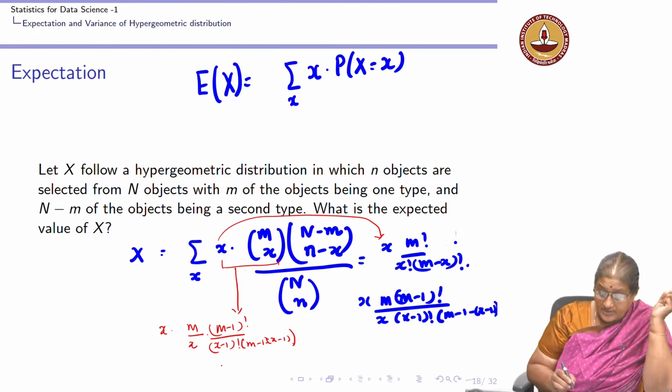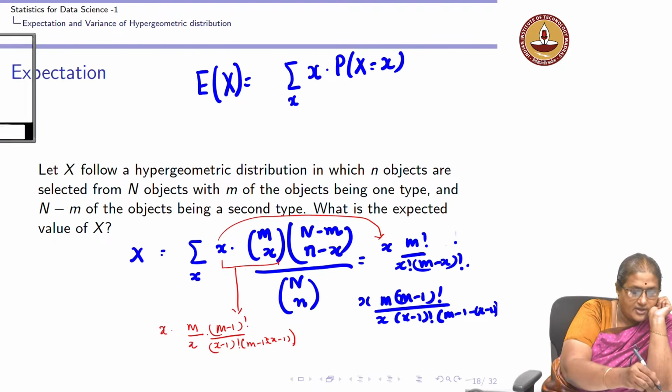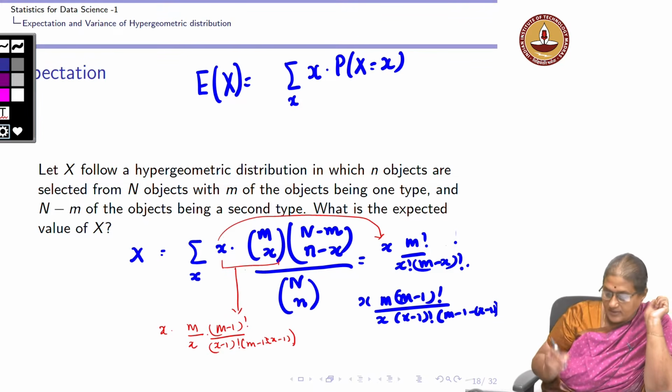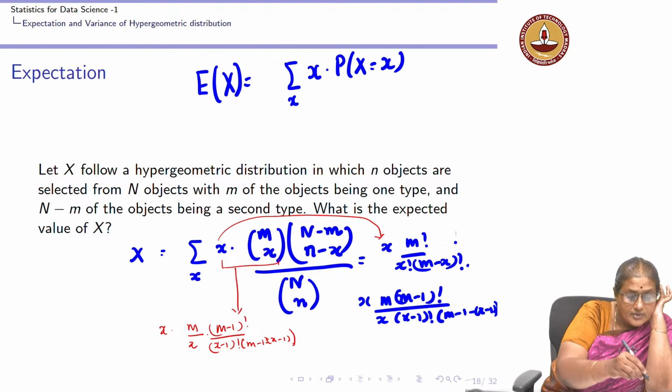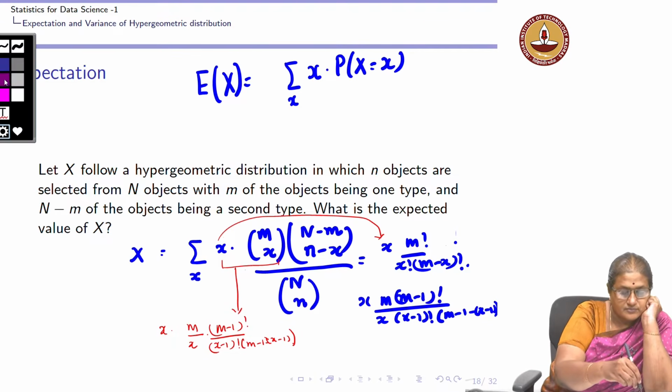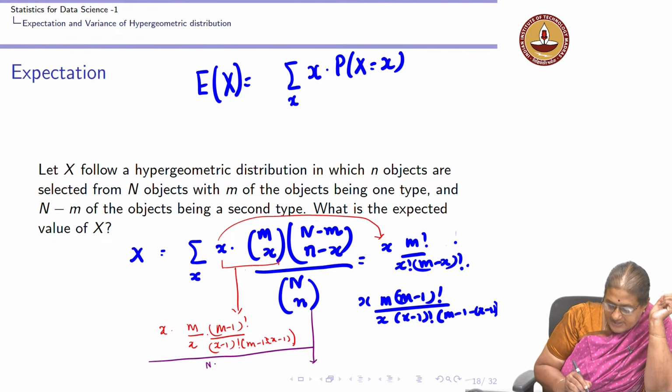Now, let us look at the denominator here. I am going to write the denominator similarly as N factorial by n factorial into N minus n factorial.